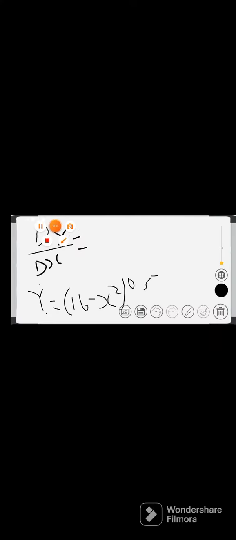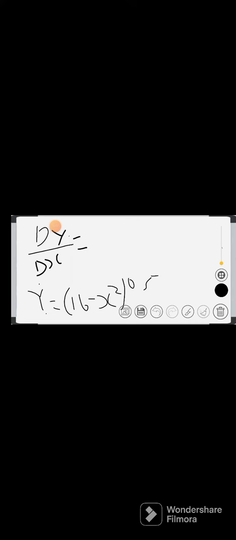So since we know our y is the same as 16 minus x squared all over 0.5, we are going to insert it into our final work of the differentiation. Then we find the gradient, or the slope of the equation. So since we know our y to be this, we have to substitute the y into the equation.